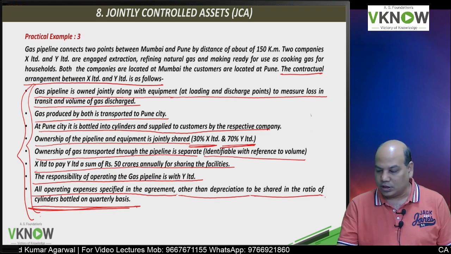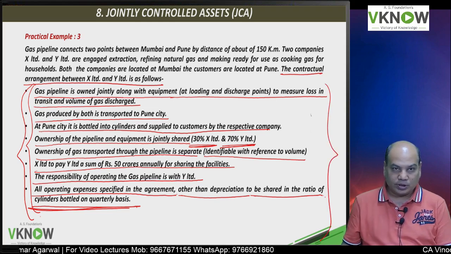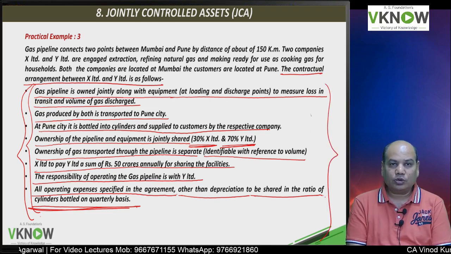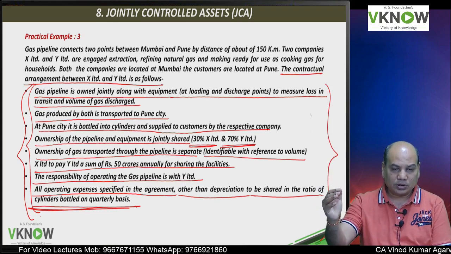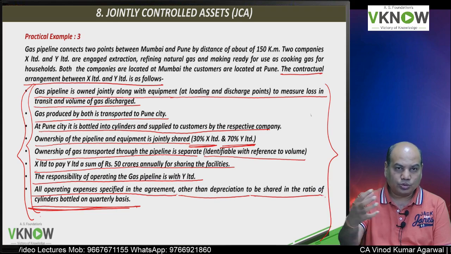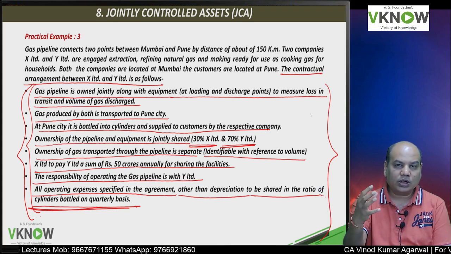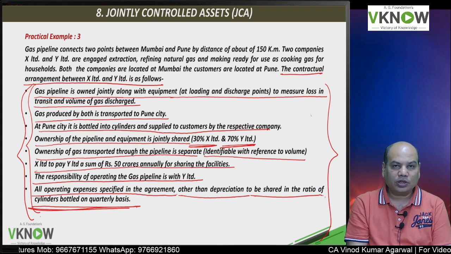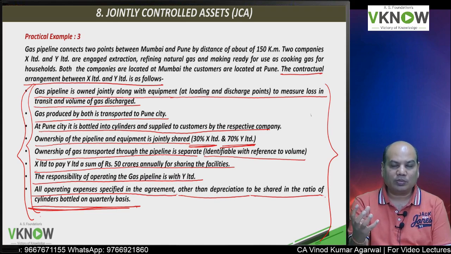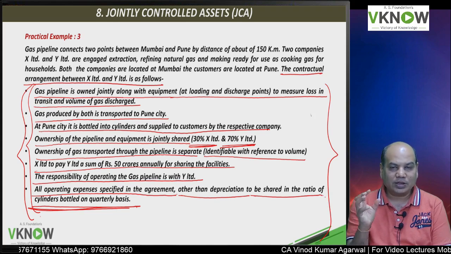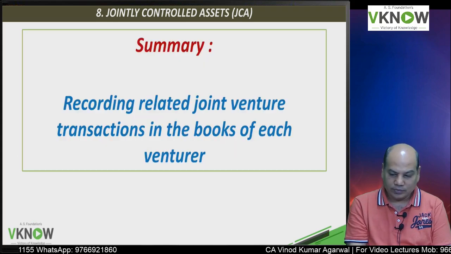This was a real life example of two companies owning a gas pipeline that connects Mumbai to Pune. So they are able to cut down a lot of cost on investment in separate pipelines. You are not required to remember the details of the agreement. This is just for understanding.